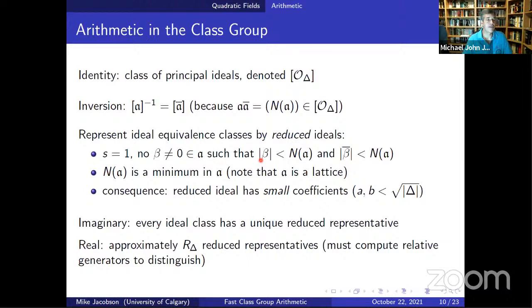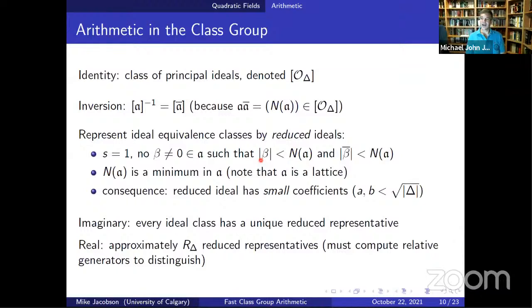This is also good if I need to test equality of the elements in the class group, which need not be easy. These are equivalence classes. And here, the fact that there are unique canonical reduced representatives means that I can do equality testing just by comparing these representatives. Very easy.